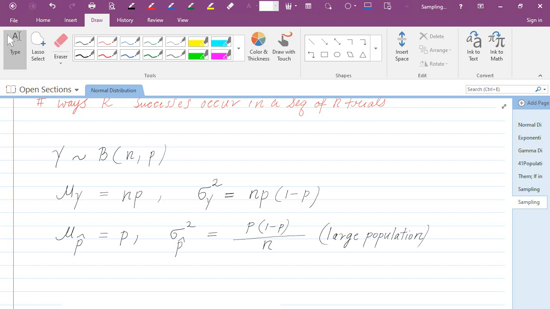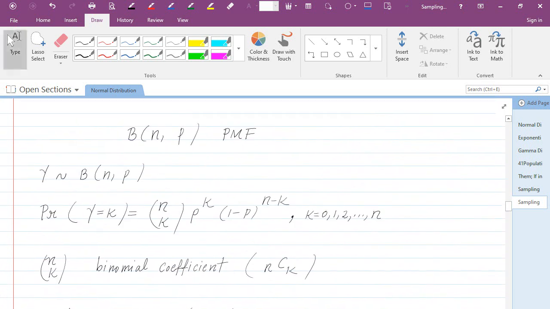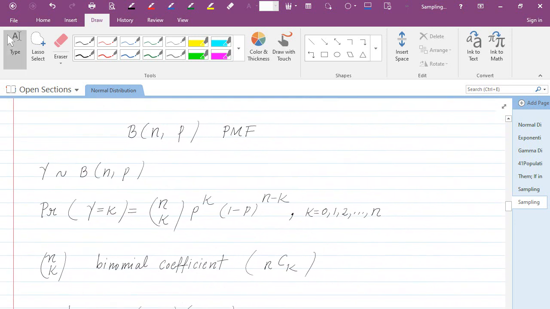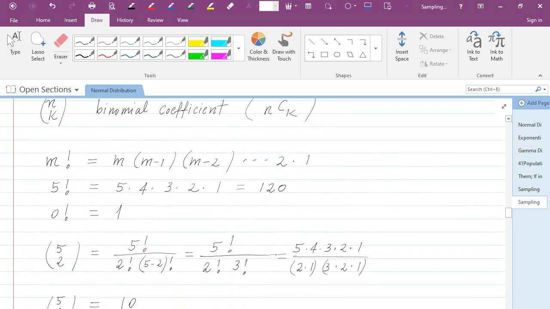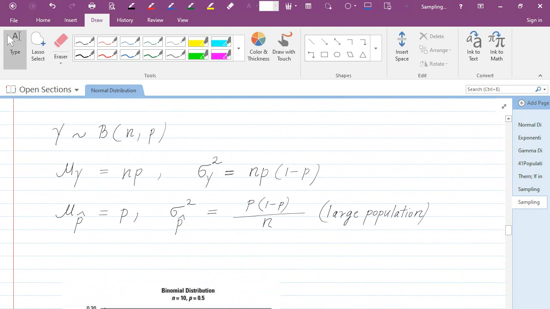Now, if Y has a binomial distribution, and remember what it means to have a binomial distribution, it means that the probability of each value of Y is given by this formula. The mean of Y turns out to be equal to the sample size times the population proportion, or the probability of getting a success.